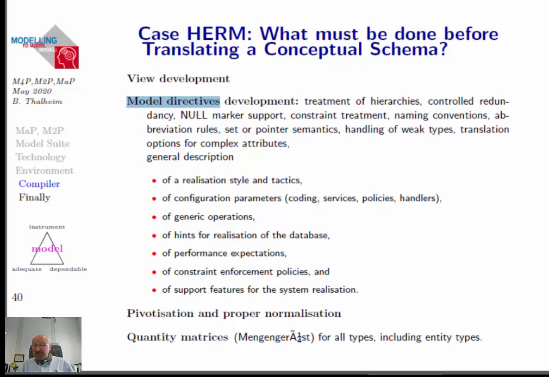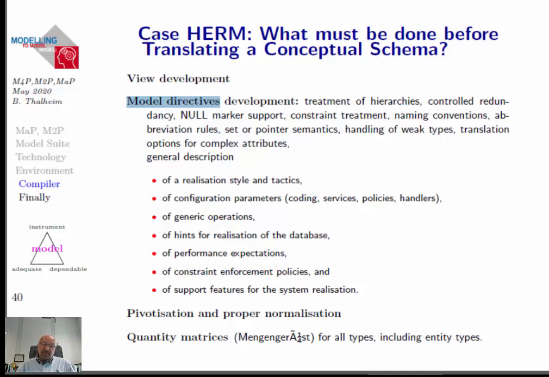Remember what we have learned about the latte case. I'm adding configuration parameters for the coding, for services, policies, handlers, and anything else. I'm using generic operations like we do in databases in any case for our insert, delete, and update operations. I'm adding hints for the realization of the database, for performance expectations especially.